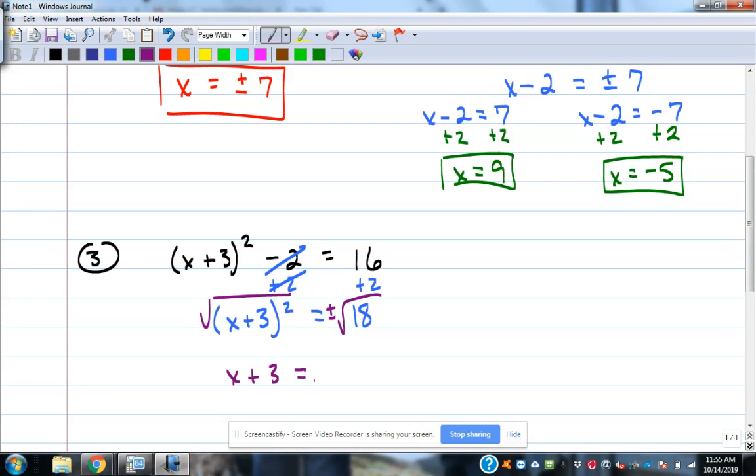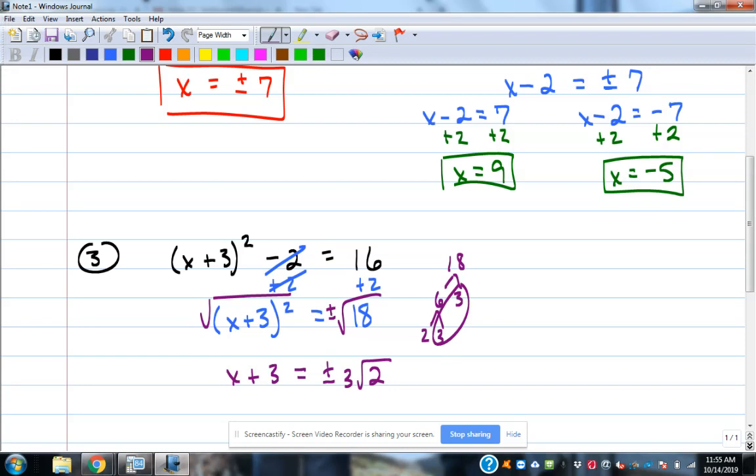And then, does 18 have a good square root? No, so we've got to simplify that square root. So how do we simplify the square root of 18? You can do the tree thing. That'd be 6 times 3. 2 times 3, so there's a pair of 3's. So plus or minus 3 square root of 2. If you use 9 and 2, you get the same thing.